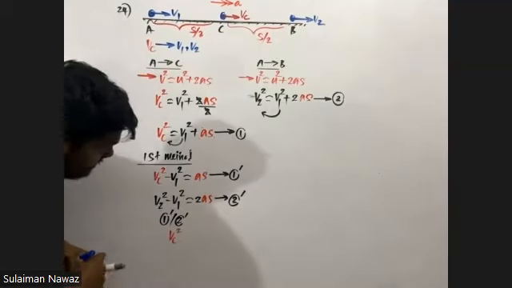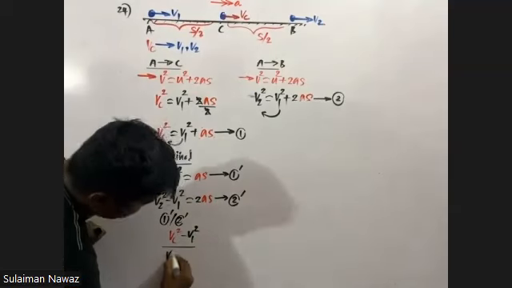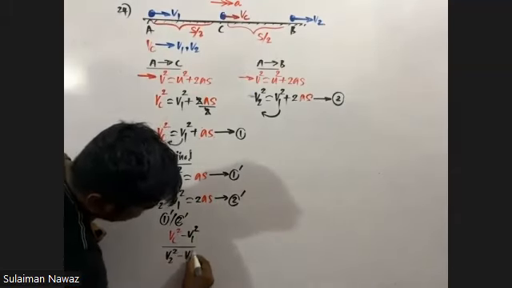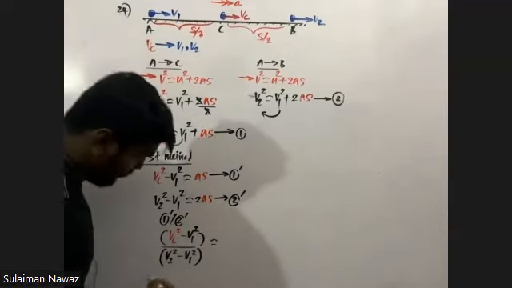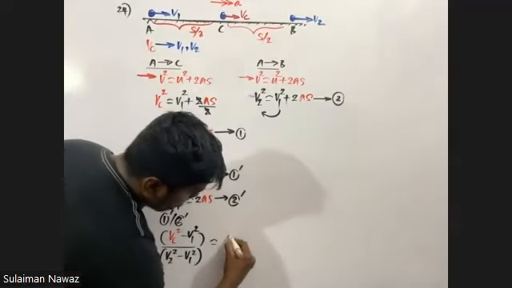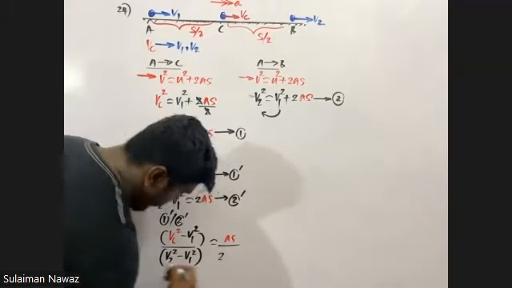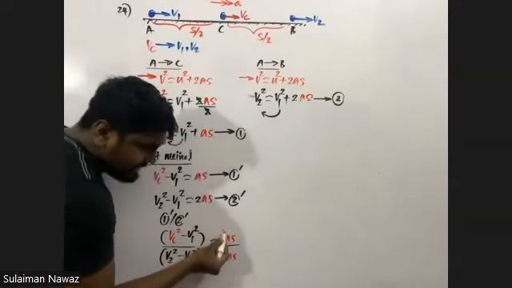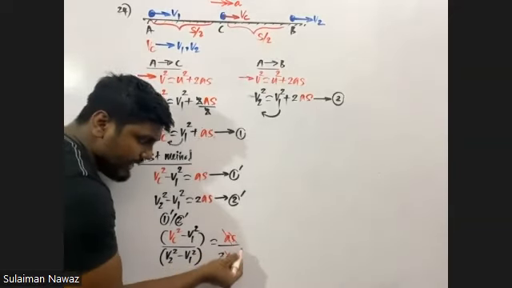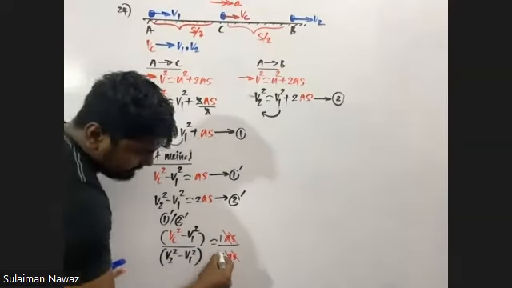VC squared minus V1 squared over V2 squared minus V1 squared equals AS over 2AS. Then the AS terms cancel out. A to A cancel out, S to S cancel out. Then half is remaining here.